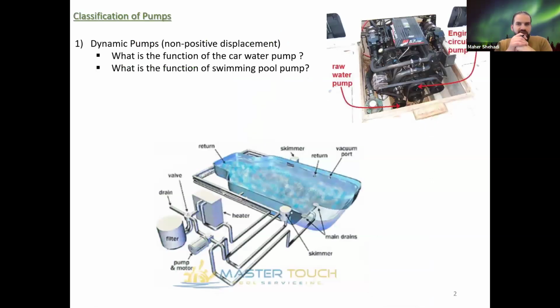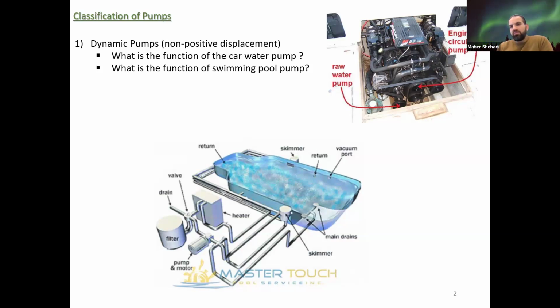Okay, so first the classification or the different categories, how we can classify pumps. We have two main categories. We have first the dynamic pumps, and then we have what we call the positive displacement pumps. The dynamic pumps, the main function for them, for example, the water pump inside engines, inside cars.